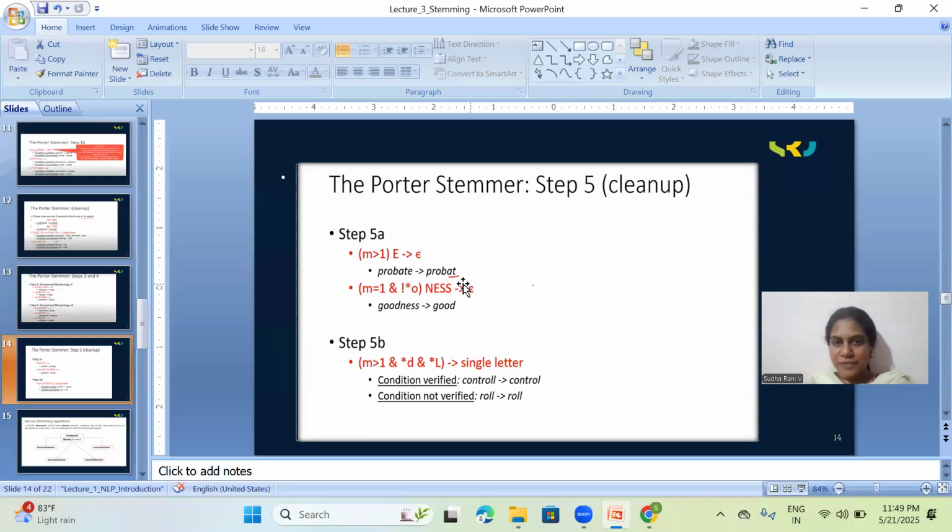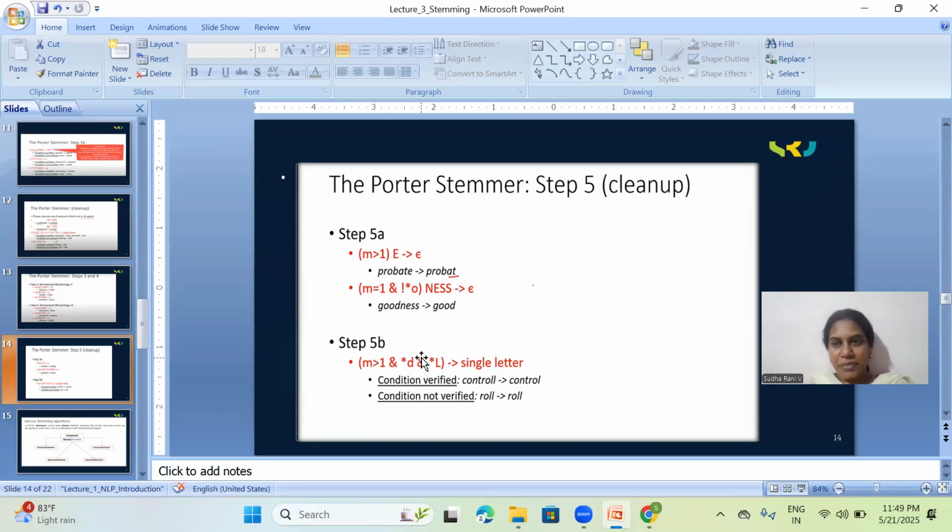The condition is satisfied. E is replaced with null. Also, m equal to 1 and not *o, E tends to null. See, goodness, NESS tends to null. Goodness tends to good.